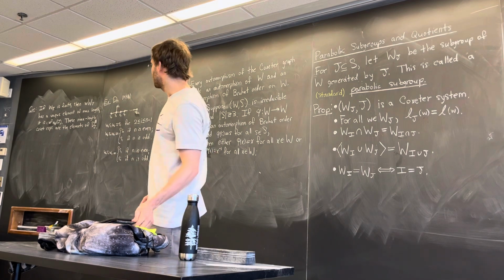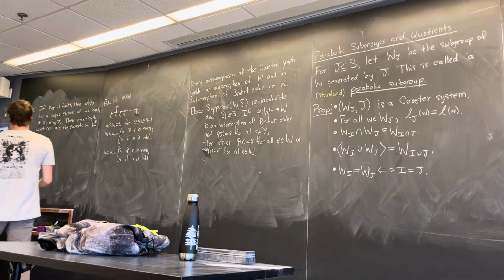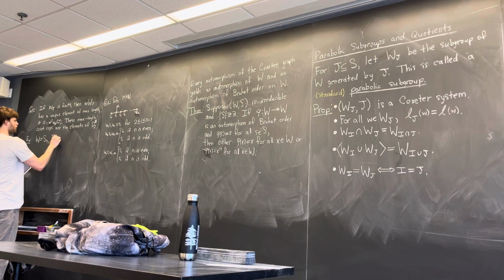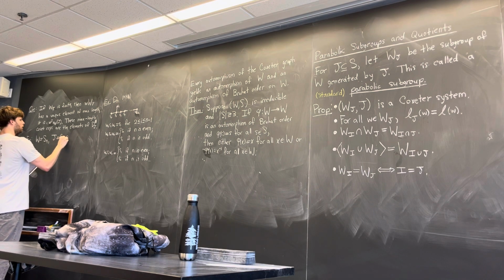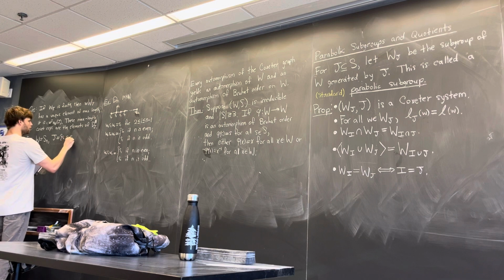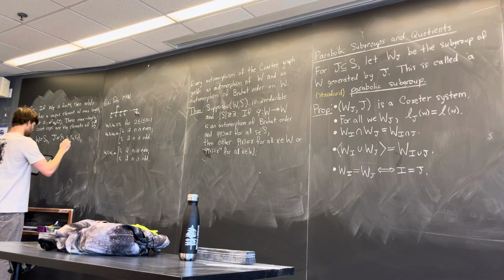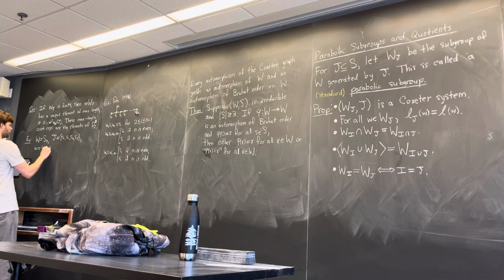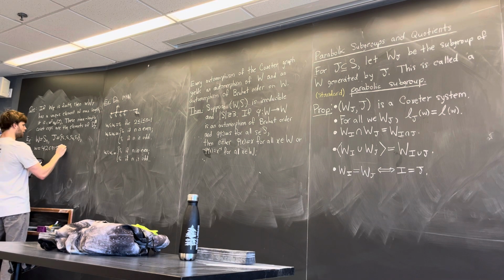Oh, okay, here's an example. Let's take, again, W is S9. J is the same set as before: S1, S2, S4, S7. W will be the same permutation 4, 2, 6, 9, 1, 5, 7, 8, 3.